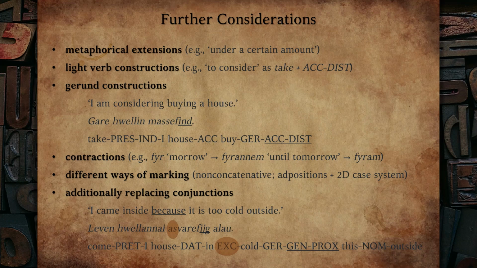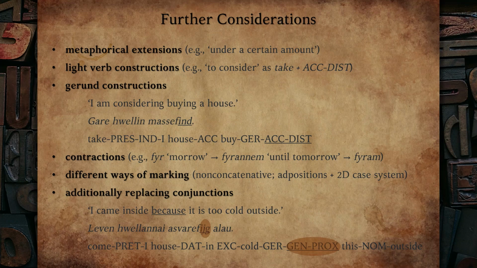And then we have the gerund marker again, because we want to combine this with the case and proximity genitive plus proximal, because this combination is the "because of" combination. So aswartefähig means "because it is too cold."